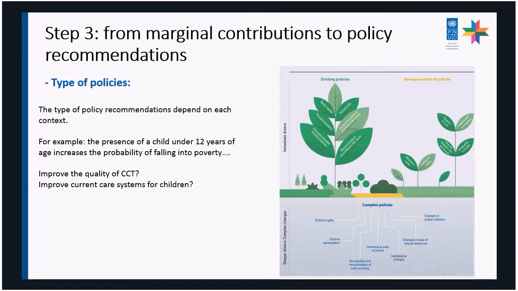So that kind of marginal contribution can have very different interpretations and can deliver very different types of policy recommendations.